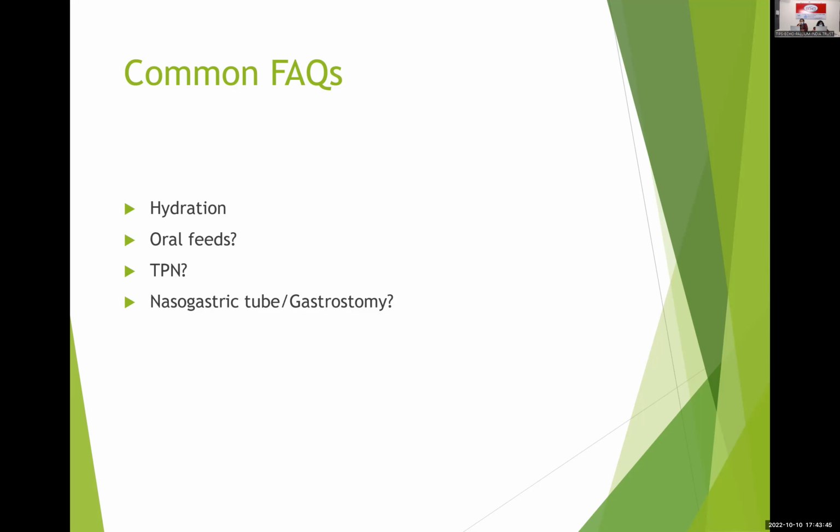And also the oral feeds. Usually for a person who is on Ryle's tube, we say every 2 hourly or 2.5 hours, you can give up to 200 to 250 ml. You try giving it. If it is okay, you can continue. If not, we may have to reduce it, depending upon if he's vomiting or not.